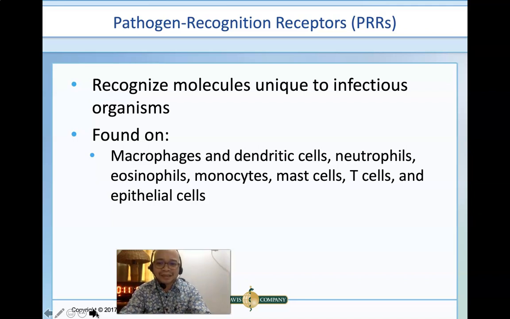Common denominators, macrophages and dendritic cells are considered to be what? Antigen-presenting cells. Then neutrophils, eosinophils, monocytes, mast cells, T cells, and even epithelial cells. So you can see that the majority of these cells would have the PRRs.